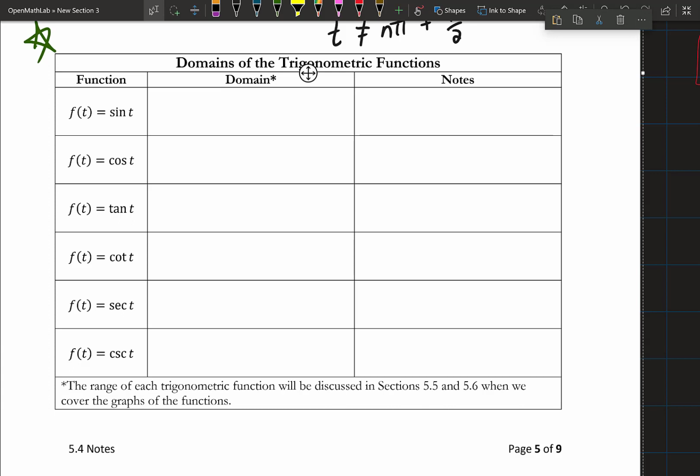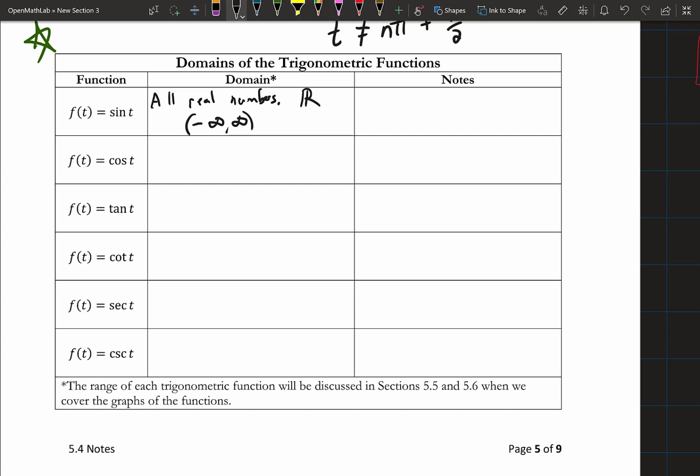So remember, for sine and cosine, we said that there were no restrictions, right? Anything would work, right? So we could just say the domain for sine is all real numbers. Right? So there's a couple of ways to write that. You could do it with the set symbol for all real numbers, which is a boldface R like that. Or you could write this in interval notation, which would be negative infinity to infinity. Right? Either one of those would be fine.